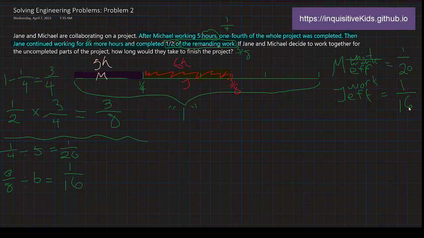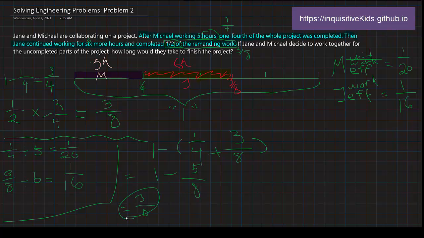So now we've got that figured out, and the rest should be probably really easy. We know that this part, well, let's find out that part. That part would be 1 minus the sum of 1/4 plus 3/8. And if we simplify, that would give us 1 minus 5/8 or equal to 3/8.